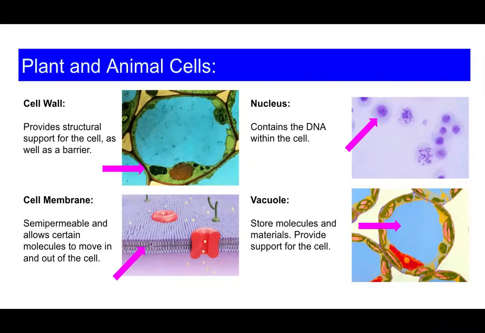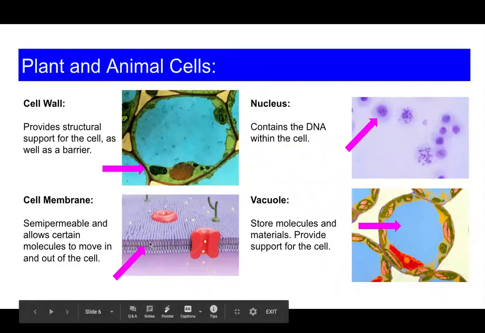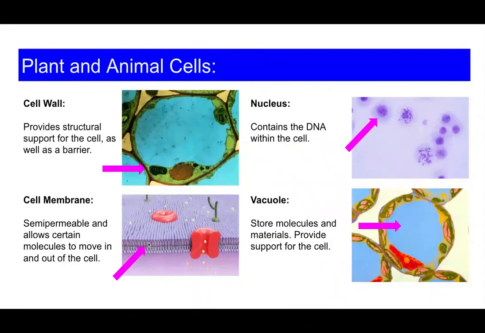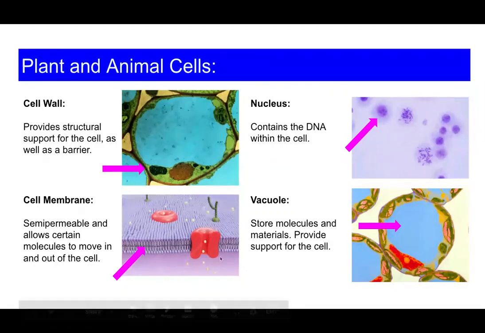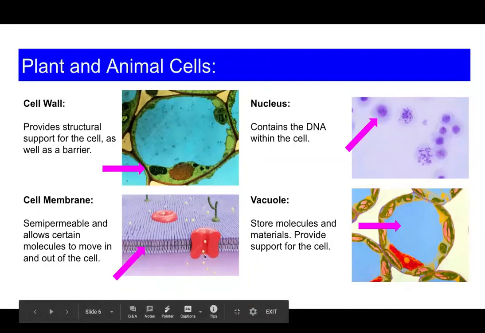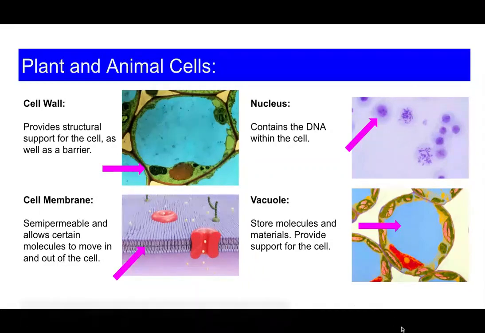Bi means two, layer means layer, so two layers of phospholipids. We've got this little head on one part and these little fat tails on the other part. And this allows certain molecules to move in and some to move either in or out of the cell, actually. But some things can't, and they require these channels and other things. And we'll talk about this a little bit later as well.